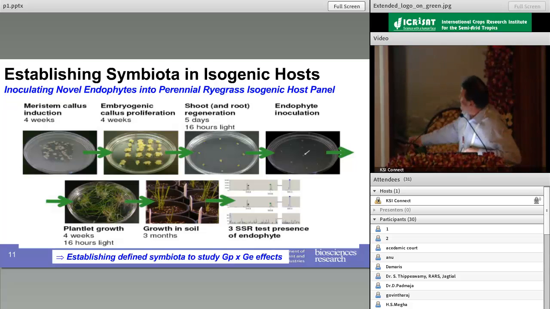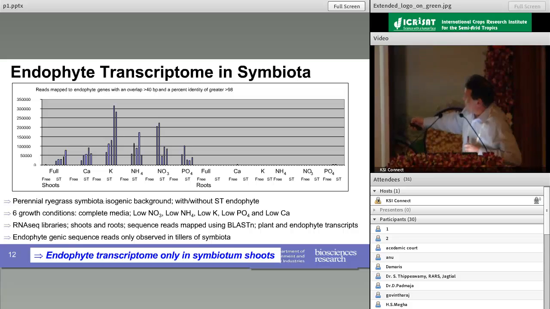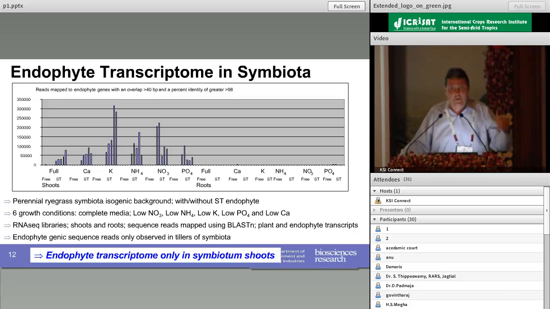Here you see the libraries from shoots and from roots, and you see that the endophyte transcriptome is exclusively present in the shoot of the symbiotum. In a sense, the endophyte colonizes the aerial part of the plant.